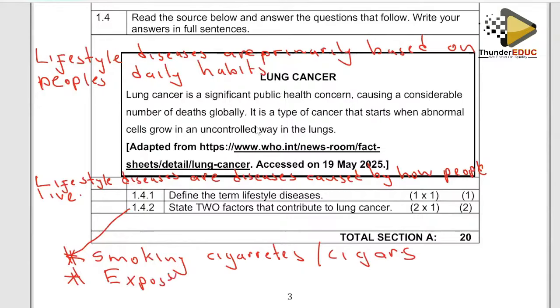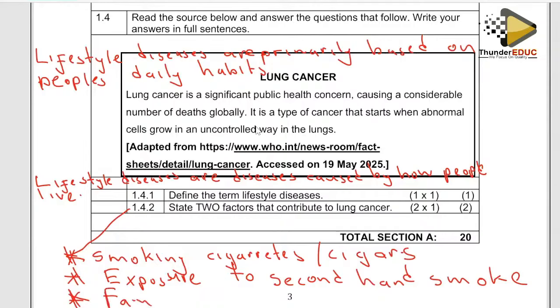Even though you are not a smoker, if you are continuously exposed to secondhand smoke from active smokers, that is a serious concern. Then you can also say family history of lung cancer. So if it runs in the family, it can also be another factor.